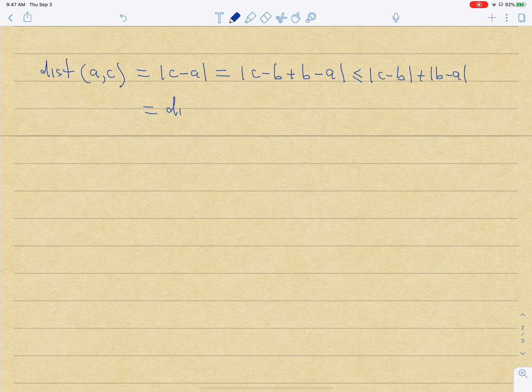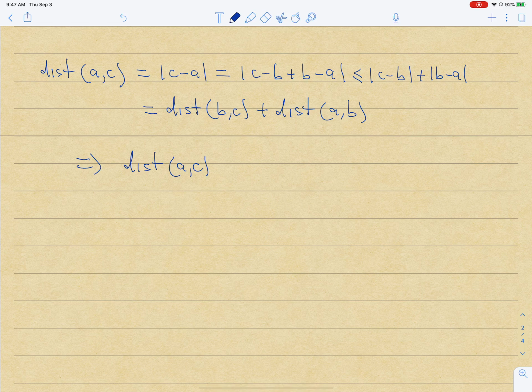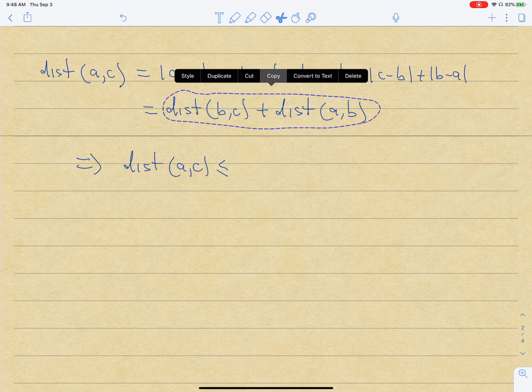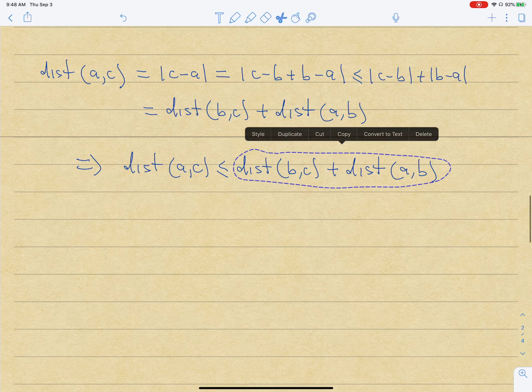That is the distance between B and C. And absolute value of B minus A is the distance between A and B. So therefore, the conclusion from this is that the distance from A to C must be less or equal than the sum of distances from A to B and the distance from B to C.